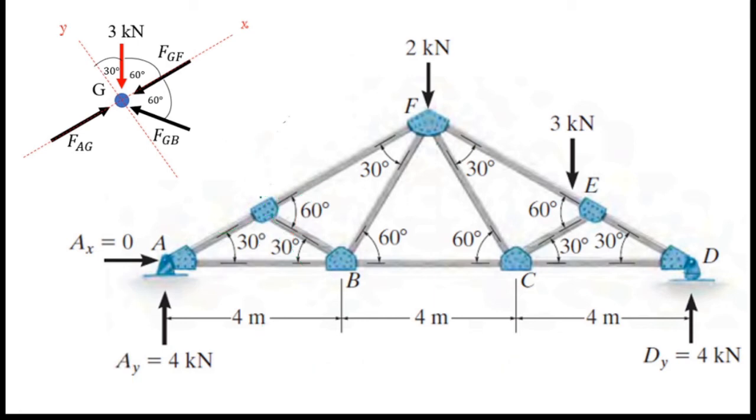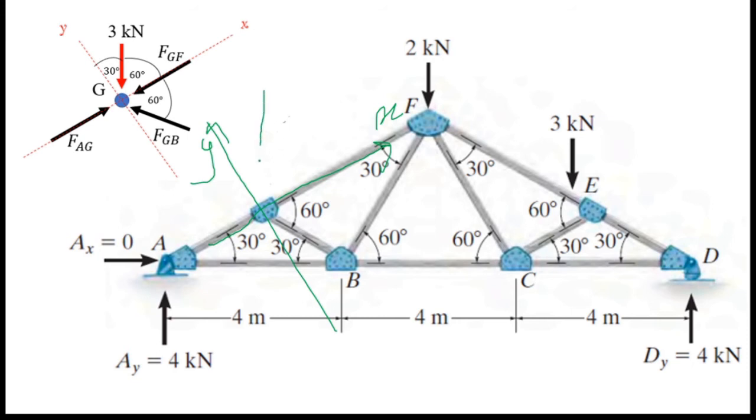Okay. In the previous joint I considered the vertical direction and horizontal direction. So in this joint I consider this plane and this plane. That's why I need those angles. I marked it here. You can see this is the y-axis and this is the x-axis.